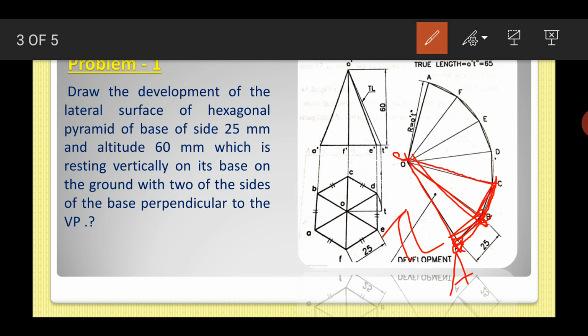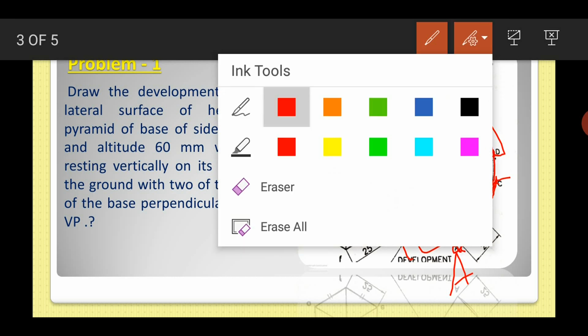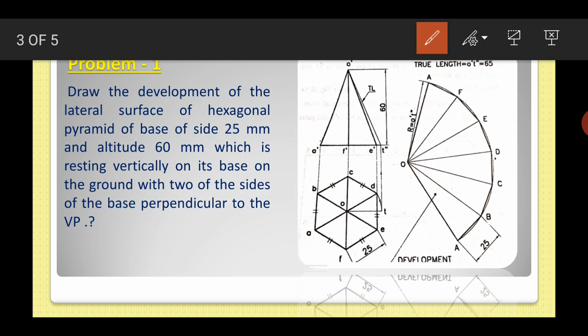This vertical line is 25, and again make an arc, 25 and 25 up to here. So this becomes the development, and this is how this problem is completed.